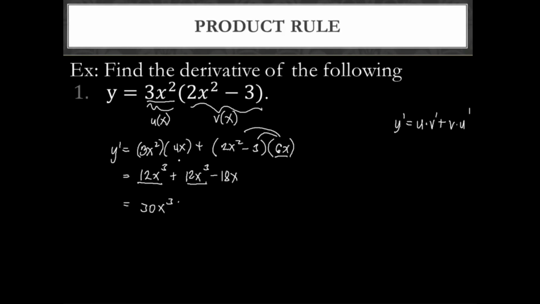So 12x cubed plus 12x cubed ay 24. Okay? 24 po yun. May correction na. This is 24. Okay. Finally, ito na po yung kanyang derivative.